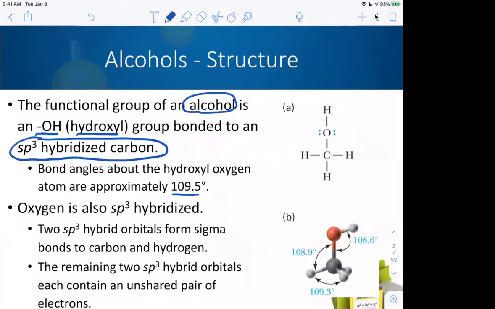The oxygen itself is also sp3 hybridized. So each of those lone pairs is residing in an sp3 hybrid orbital. And I have two sp3 hybrid orbitals that form those sigma bonds to the carbon and the hydrogen atoms.